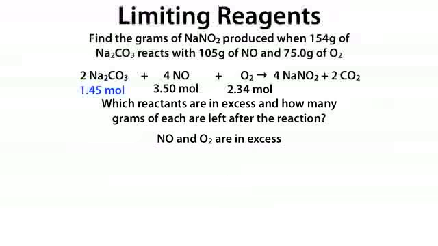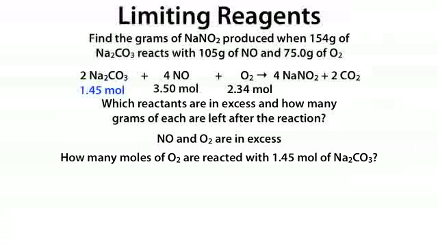We do the same thing for O2. How many moles of O2 are reacted with 1.45 moles of Na2CO3? So again, we have Na2CO3, we're looking for O2. The coefficient in front of Na2CO3 is 2. The coefficient in front of O2 is 1.